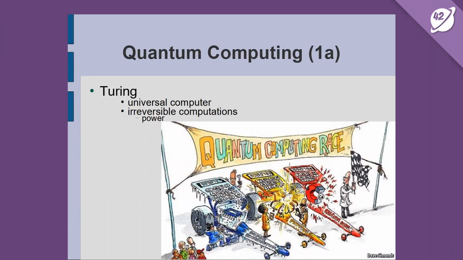There's also the fact that one of the things that Turing figured out with his ideas of computing, starting us all off here, is that irreversible computations, in traditional computers, have a sort of minimum limit.